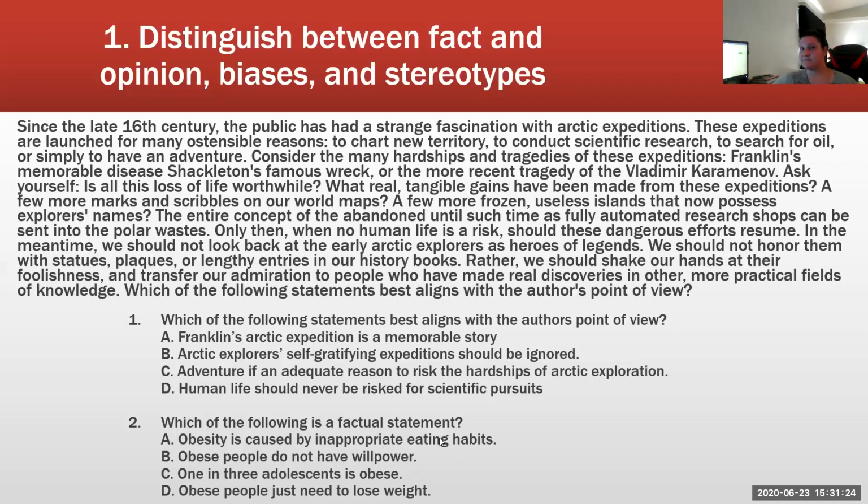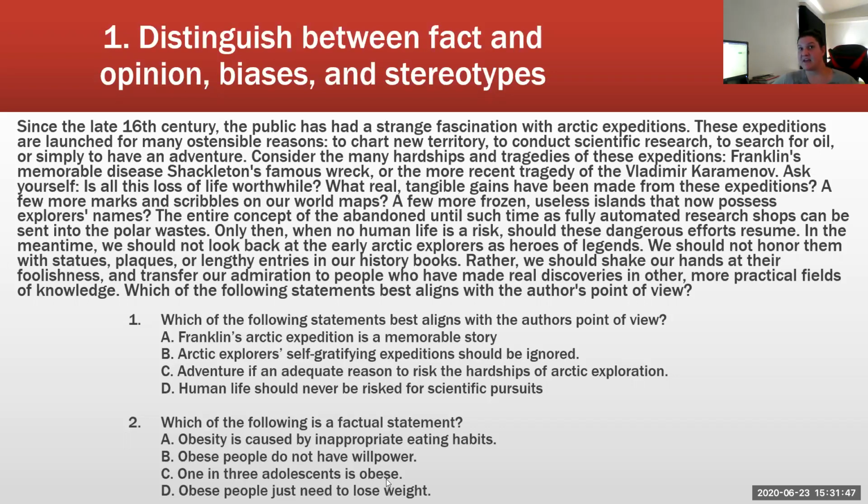Inappropriate eating habits. Well, I know plenty of people who are considered obese and they have fantastic eating habits. There's just something chemically going wrong with their body and they're just keeping the weight on. So A is incorrect. Obese people do not have willpower. Again, that's an opinion. 1 in 3 adolescents is obese.